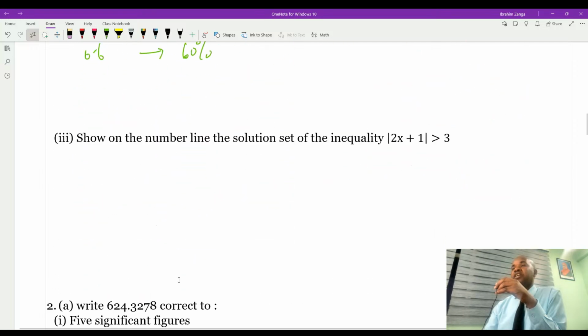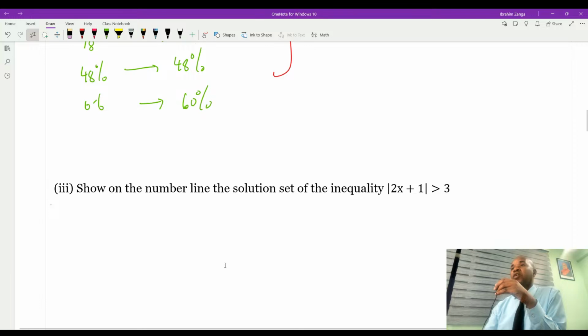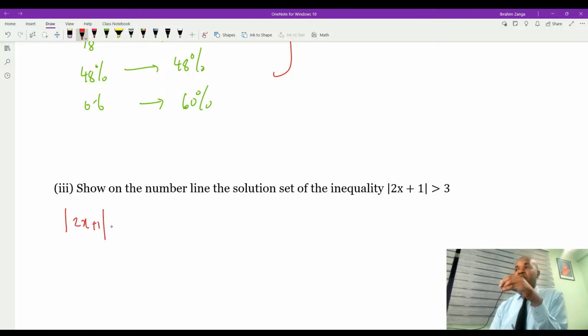We jump to question number 1B, part 3. Show on the number line the solution set of the inequality. So we have an inequality here, and you're supposed to show the solution on the number line. We are given absolute value of 2x plus 1 is greater than 3. To remove the absolute value, introduce plus or minus.